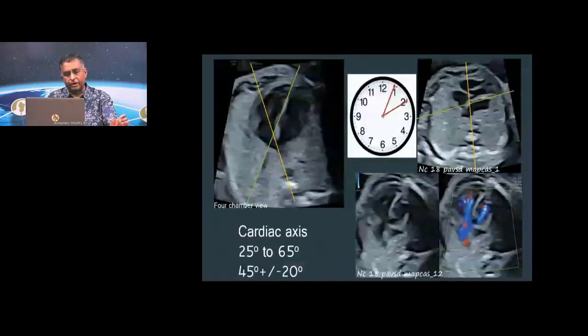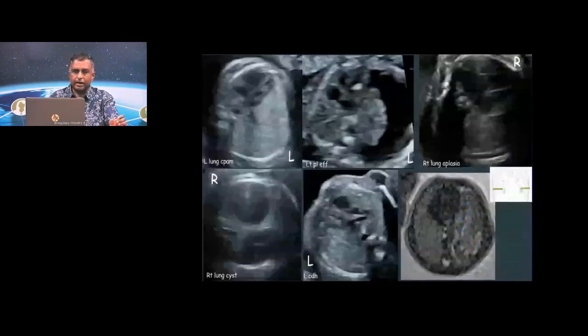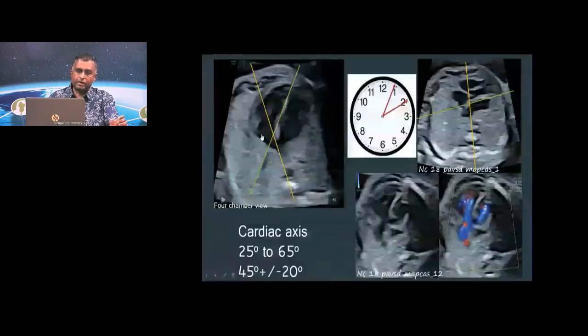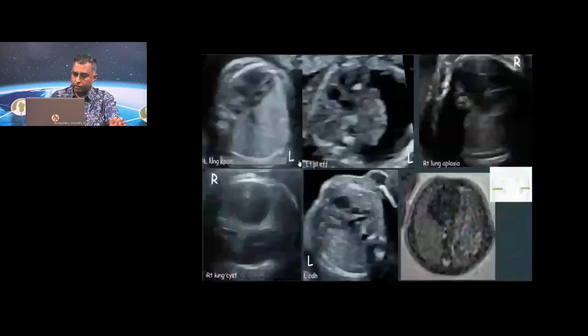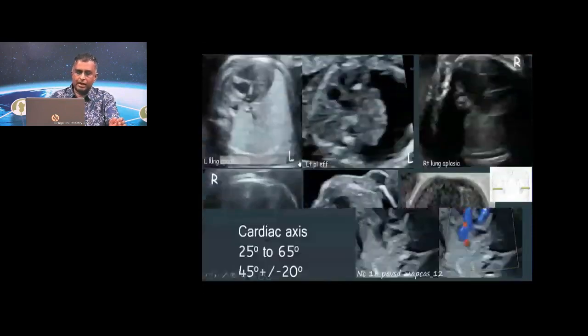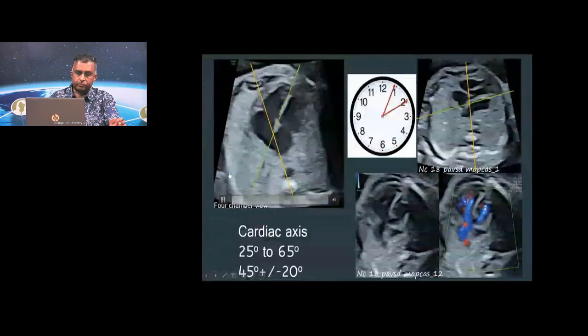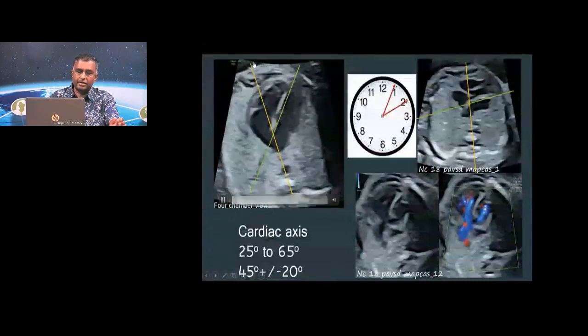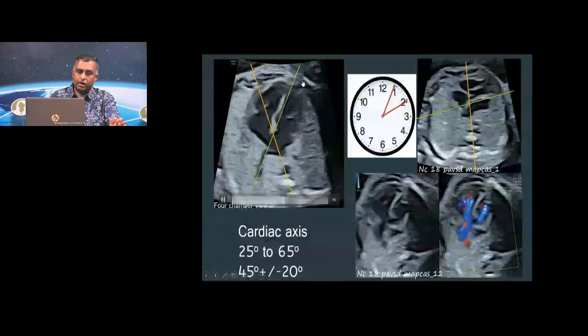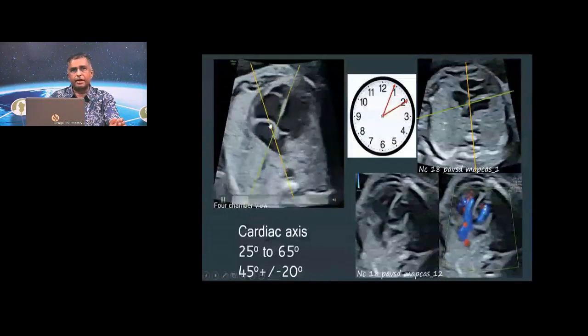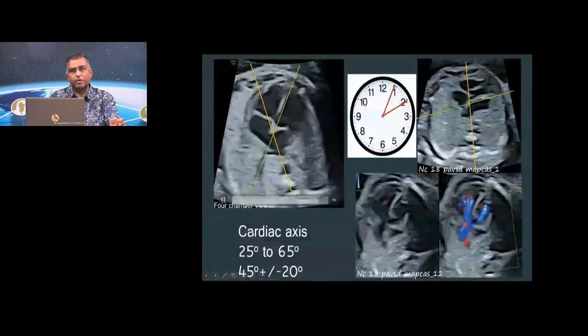Right, now we go on to another important point, and that is cardiac axis. We all know that the axis of the heart is determined by two straight lines. You draw a straight line across the spine and the sternum, and one across the interventricular septum, and this should be between 25 and 65 degrees, right?